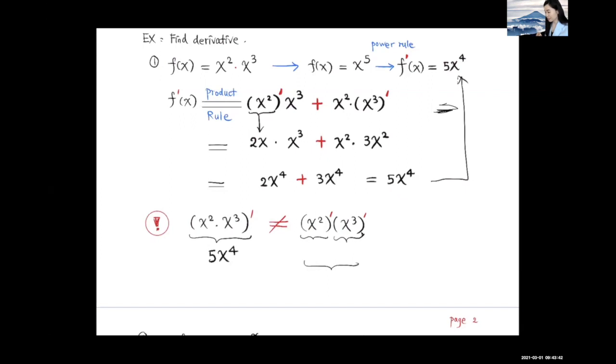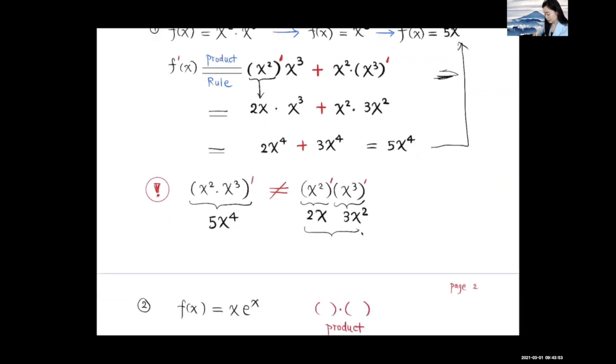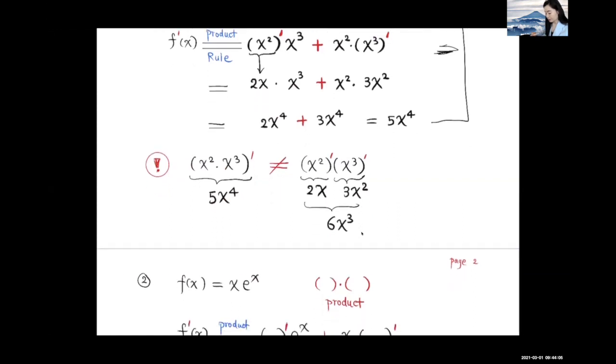Now, if we differentiate x squared, we got 2x. If we differentiate x cubed, we got 3x squared. Multiplying these, we got 6x to the third power, which is not the same as this. So this is not equal to this. So the product rule, remember.